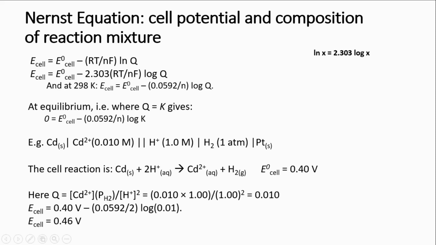Now we could change from natural log to log using this conversion seen here on the upper right hand corner of our slide to get basically the same equation, but now we are using log.